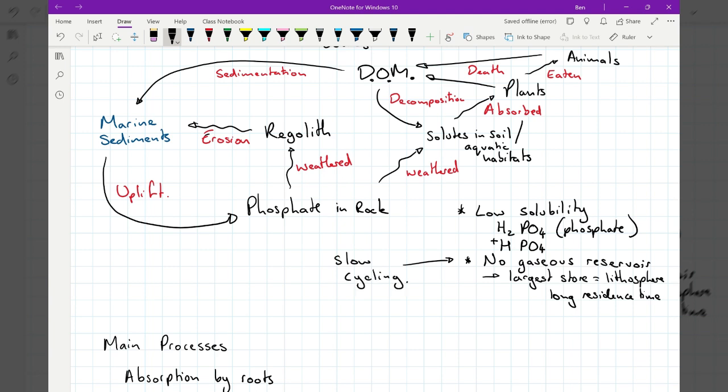Unlike things like nitrogen and carbon, which have a gaseous reservoir in the atmosphere, so they can move around much easier. And because of this, it's often a significant limiting factor, one of the main limiting factors for plant growth.